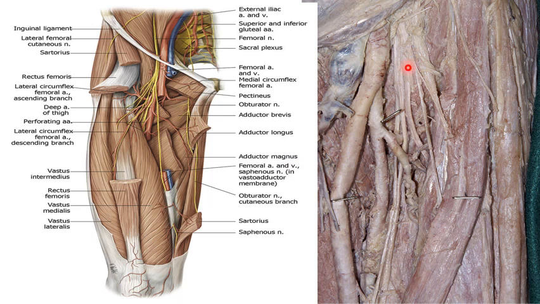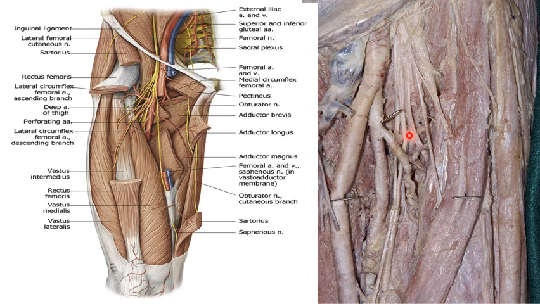This is the cadaveric dissection. You can see this is the femoral vein, this is the femoral artery, this is the profunda femoris artery, this is the femoral nerve with its divisions. This is the posterior division, this is the anterior division. You can see the lateral circumflex artery between the anterior and posterior divisions of the femoral nerve.